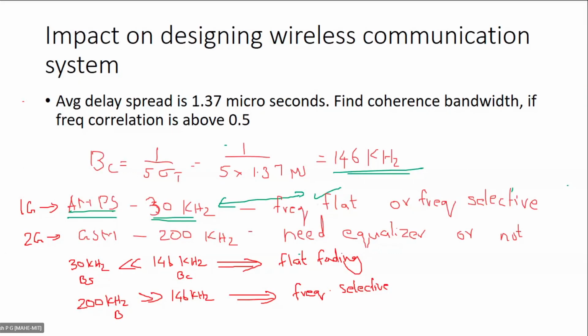Similar thing you have to do in case of a frequency selective channel. That is, you have to add an equalizer in GSM. But for AMPS, you need not add anything. There is no distortion, and therefore you need not add any equalizer in AMPS. Is it clear?